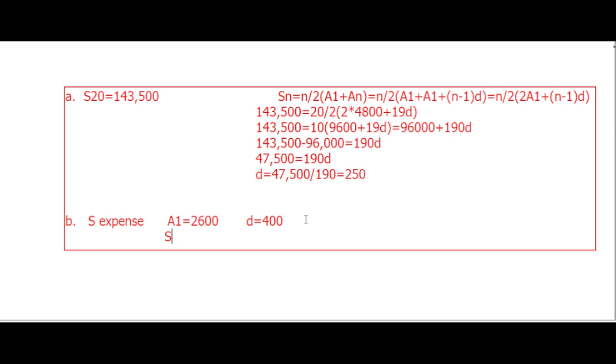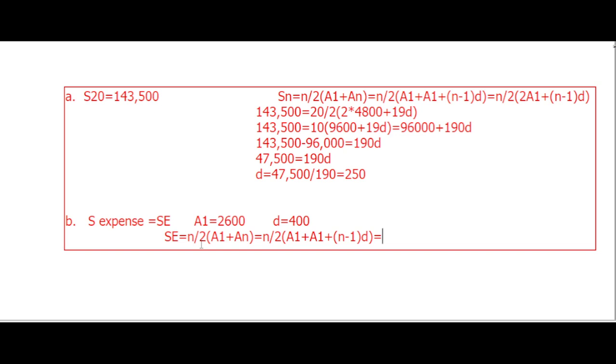Let's represent expenses sum by SE. SE is equal to n over 2 times (a1 plus an), which is equal to n over 2 times (a1 plus a1 plus (n minus 1) times d).